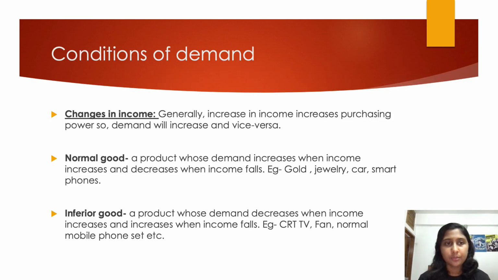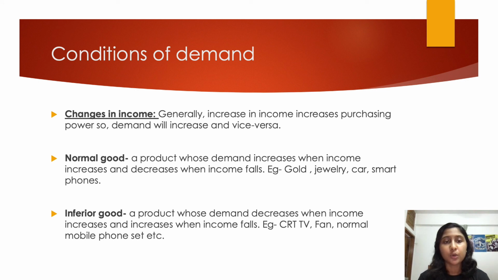Now we will be learning about the conditions of demand. Conditions of demand are the factors that can cause consumers to demand different quantities of a product even if the price has not changed. First of all, let us know what a normal good and what an inferior good is, because these two terms are very important to understand the changes in income factor. What is a normal good?